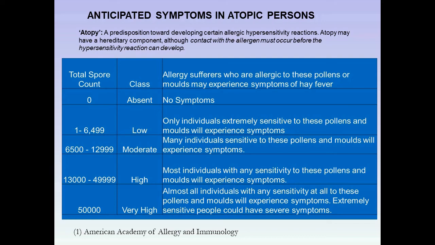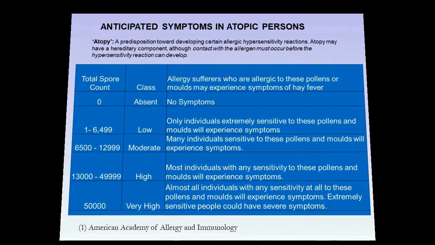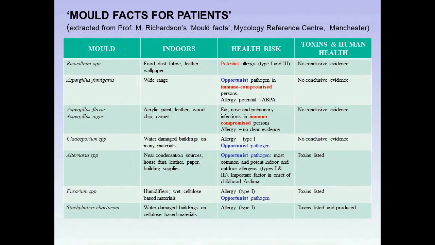So there we go. Look at the spore counts and the results. These are from people that are sensitive to these things. And this data comes from the American Academy of Allergy and Immunology. Mould Facts for Patients, excellent piece of work, extracted from Professor Richardson's Mould Facts, Mycology Reference Centre, Manchester.